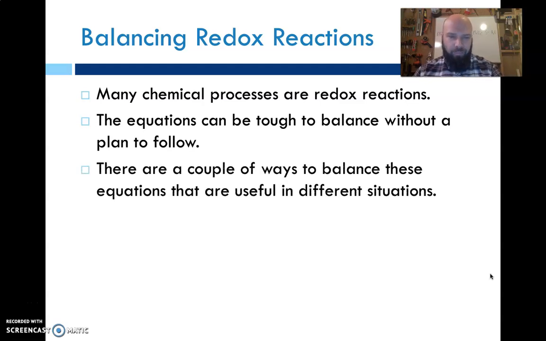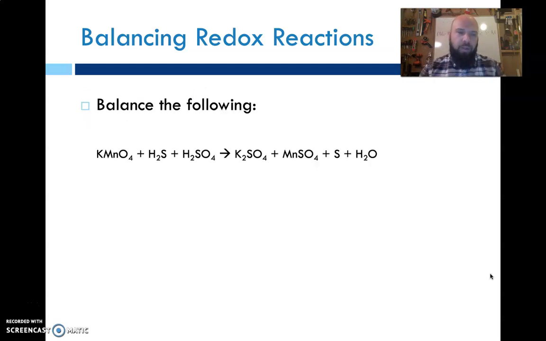Take this example. You have KMnO4 plus H2S plus H2SO4 giving K2SO4 plus MnSO4 plus S plus H2O. If you're going to balance this just by inspection, so this would be like your grade 11 rule where you try and plug in numbers, it is really difficult.